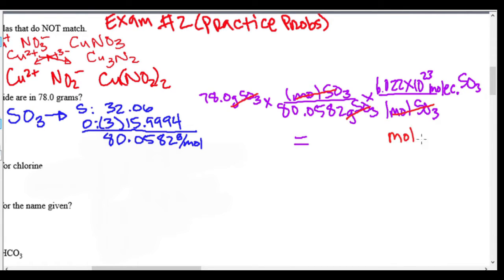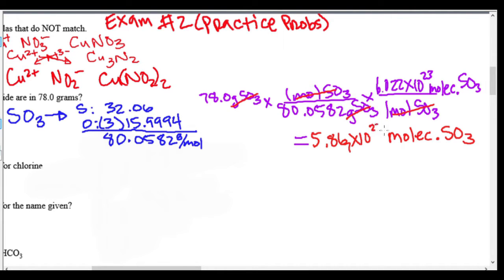When you do all that math, you get this number. Just a heads up, I've done the math before, so you don't have to sit here and listen to me punching numbers on the calculator. So we get 5.867 times 10 to the 23.